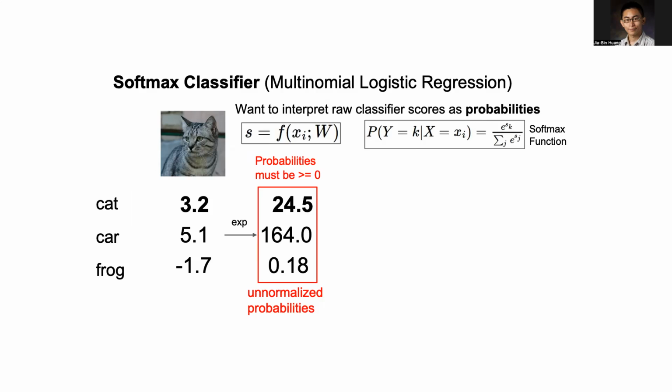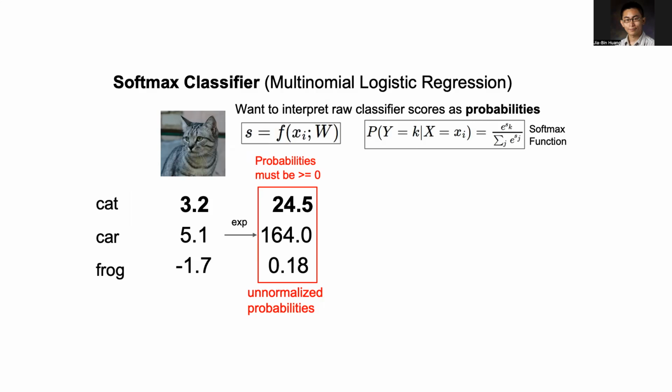And then, you want to interpret this as a probability. So if I have a probability over 3 classes, what must be enforced for you to call this a probability distribution?